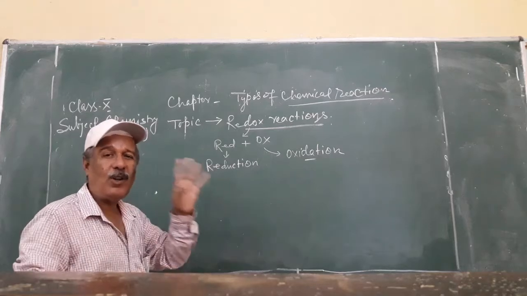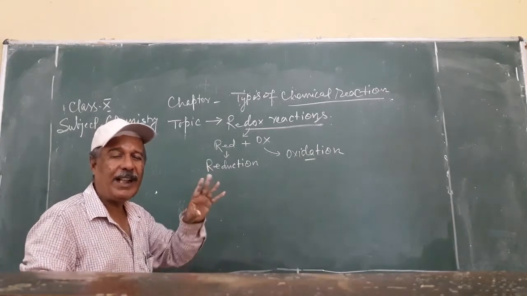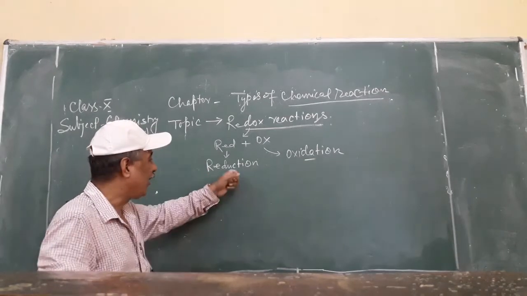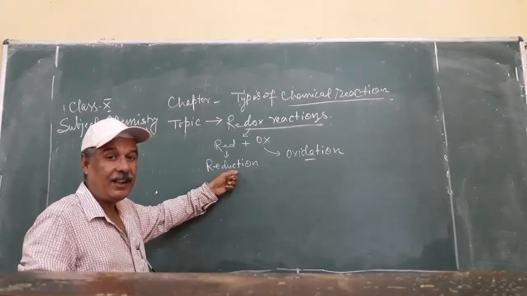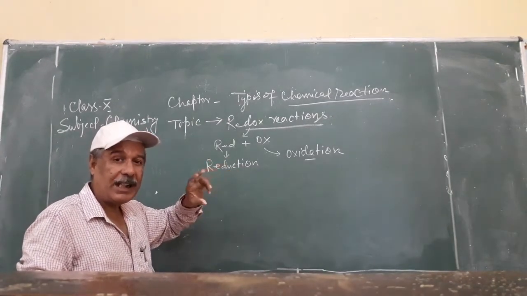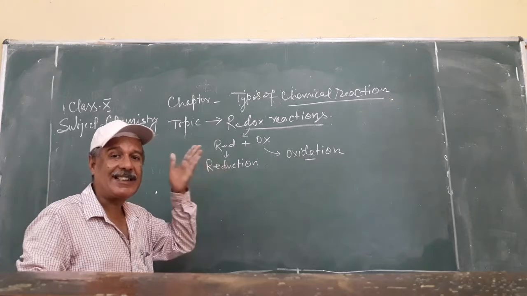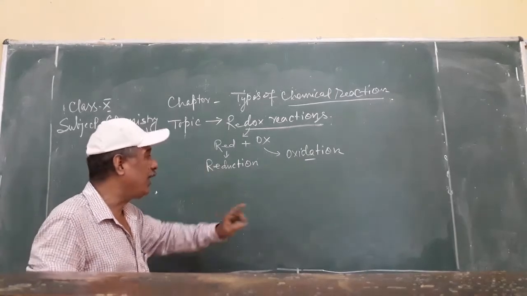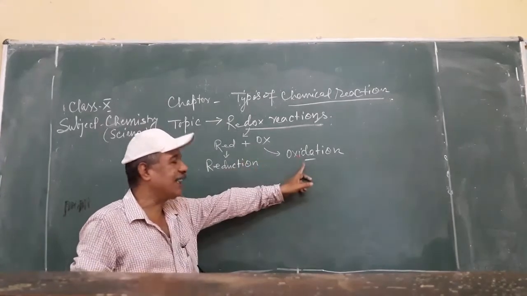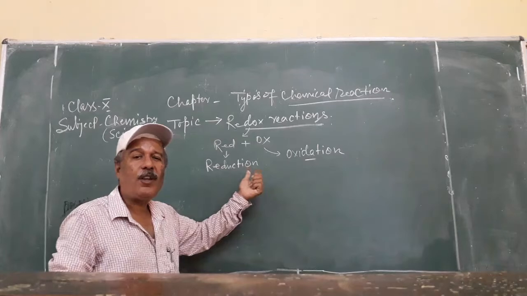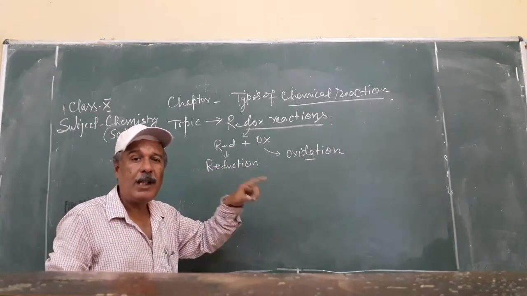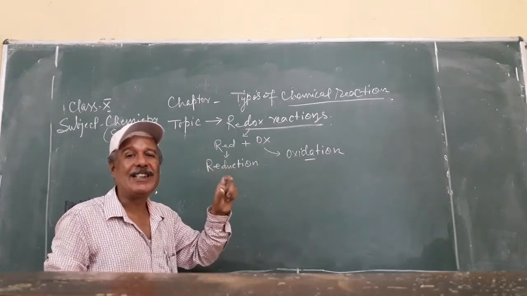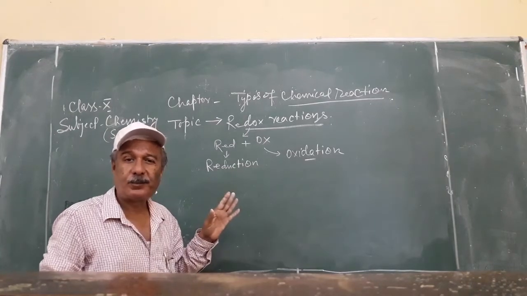So when any one of these things is going on, that is a reduction reaction, and the mechanism of reaction is such that alone neither oxidation can go on nor reduction can go on, but they will always move parallel to each other. Correct?